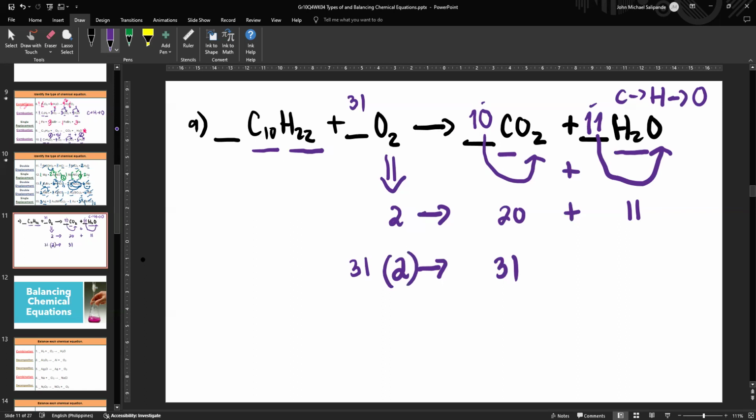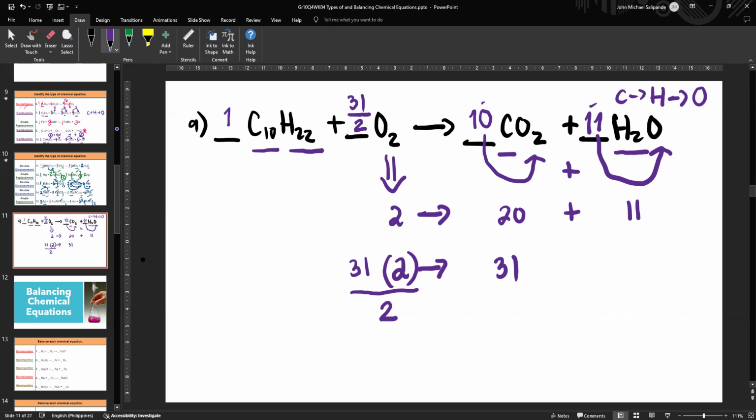Even if you put 31 on the left side of O2, the left side now contains 31 times 2, or 62 oxygen atoms, while the right side will maintain 31 atoms. So for 31 times 2 to become 31, we have to divide this side by 2. That's why there will be a denominator of 2 here. And with that, the equation is already balanced.